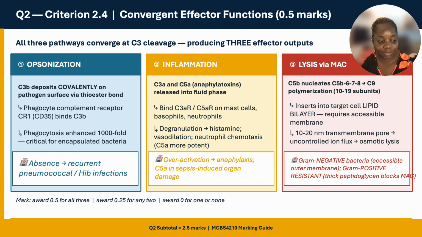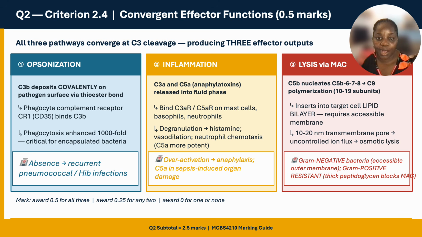So for your scientific correctness, always bring those details, name the molecules or receptors involved. And the thousand-fold enhancement of phagocytosis figure is a clinically meaningful number that will demonstrate the understanding of the quantitative importance of opsonization.